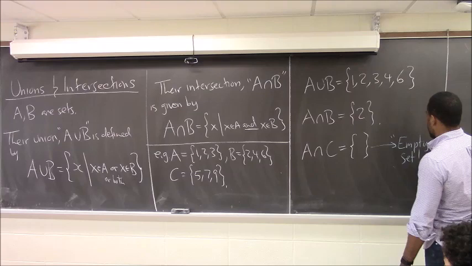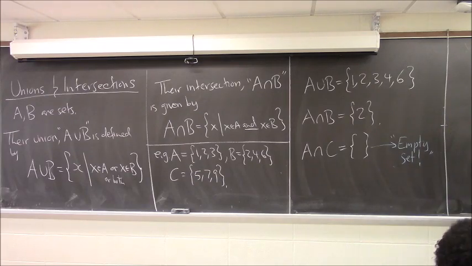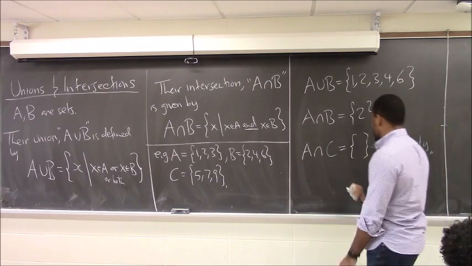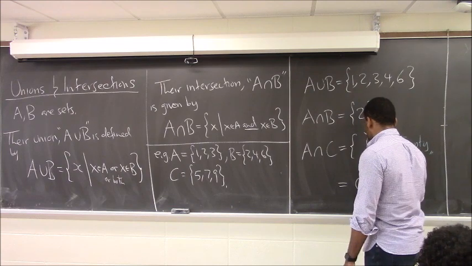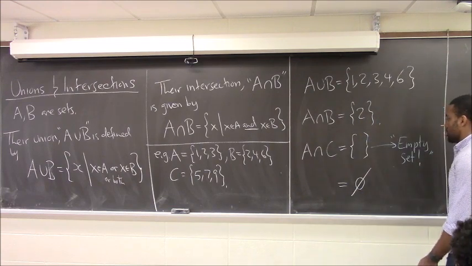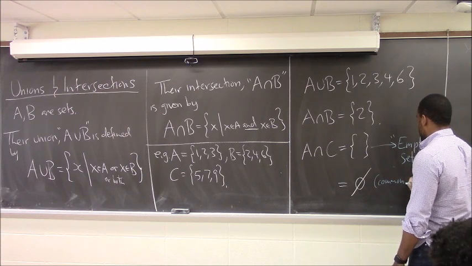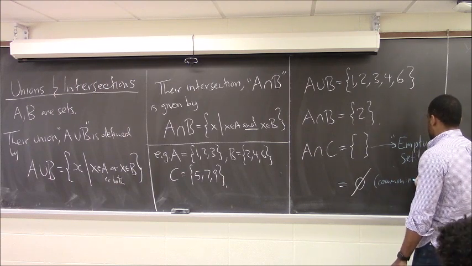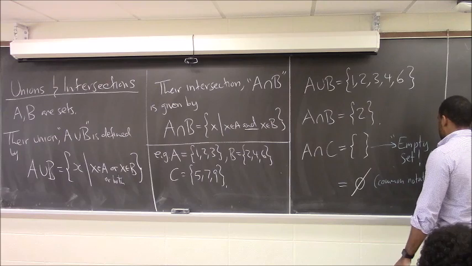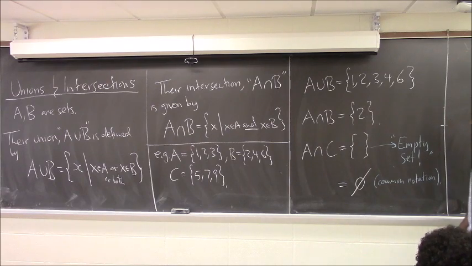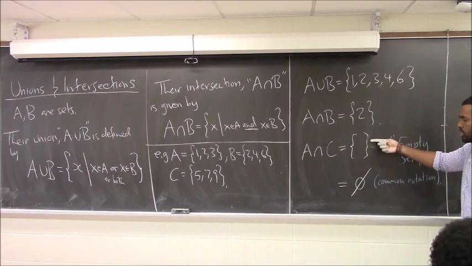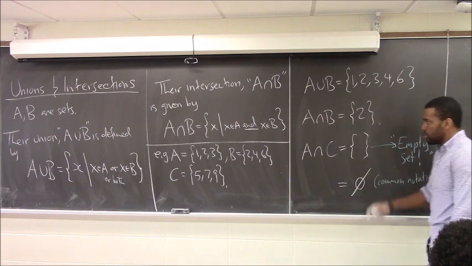So your collection, your set, can be empty. Another notation is a circle with a strike through. That's a common notation, so whenever you see that in a math book, it means the empty set. You can see this or this. Older textbooks tend to use this, newer textbooks tend to use that.